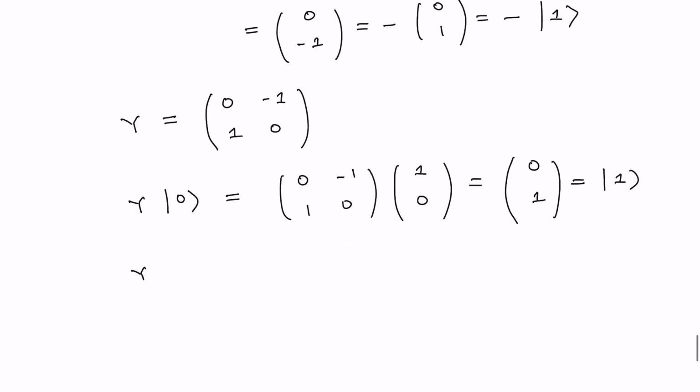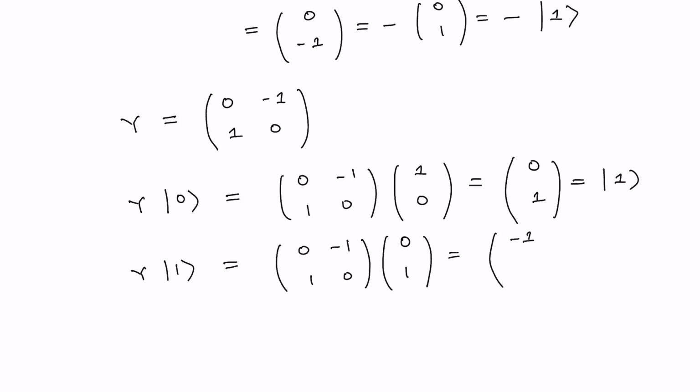If it operates on |1⟩, [0 -1; 1 0] times [0; 1] gives [-1; 0], that means you have -|0⟩. So again there is a phase change here. When the Y gate operates on |1⟩, you get |0⟩ but with a phase change, and that's the reason the minus is appearing here.